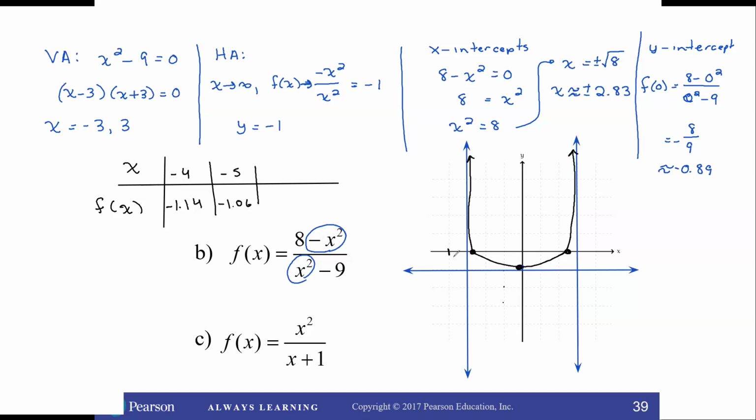So maybe another point we'd want to look at is something even closer to the asymptote, like negative 3.5. That's going to give me negative 1.31. It's maybe a little bit more helpful. So we got to be here at about 1 1/3.